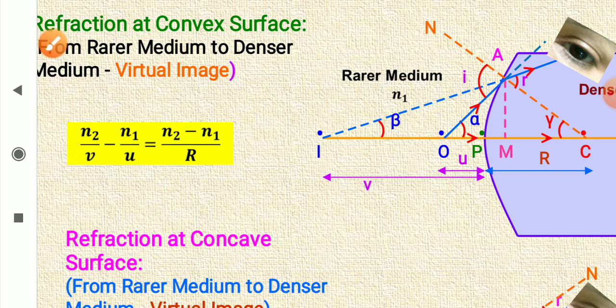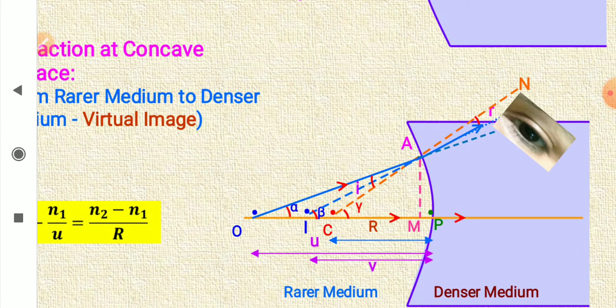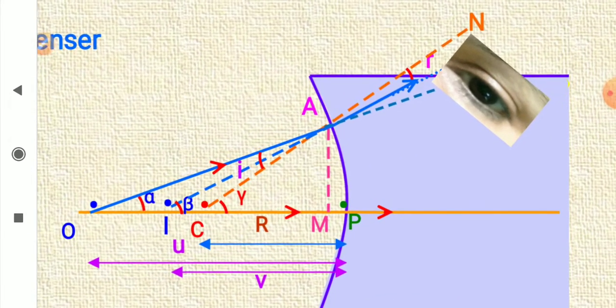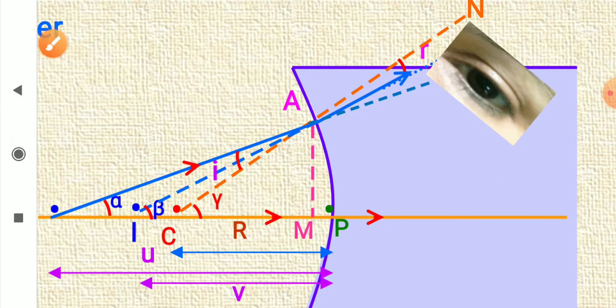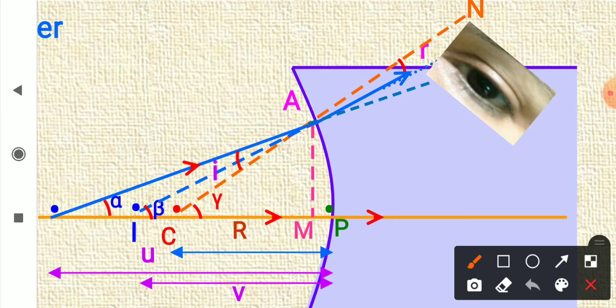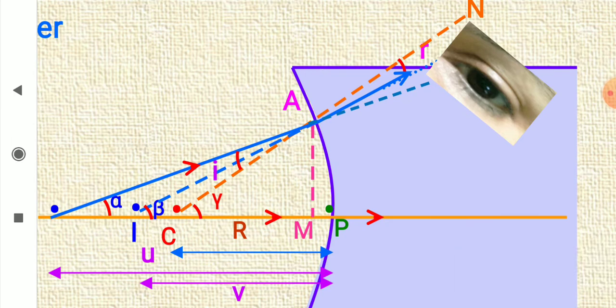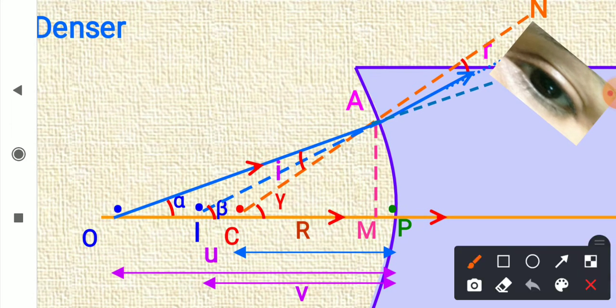Now similarly, we can take refraction at a concave surface. So if you look at a concave surface, the process and method is the same. The laws of refraction are used exactly in the same way. Now here, the object O is in the rarer medium, and when the light ray from the object reaches the denser medium, at point A it is entering the denser medium.